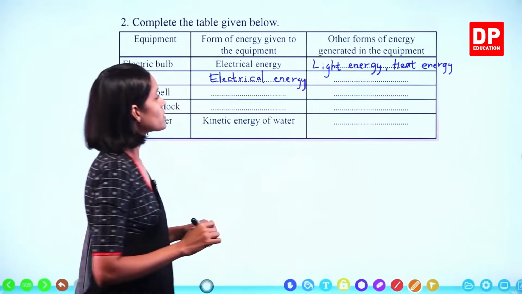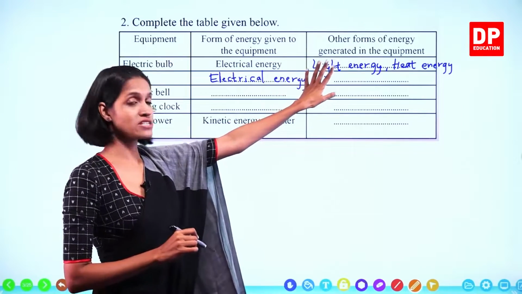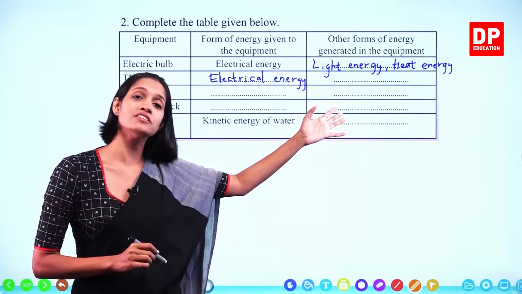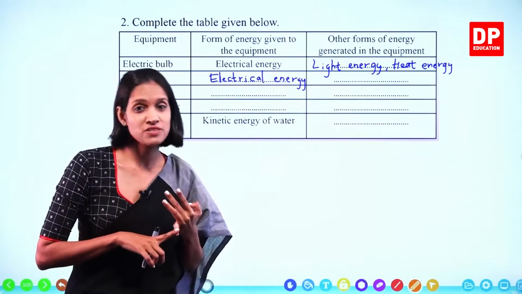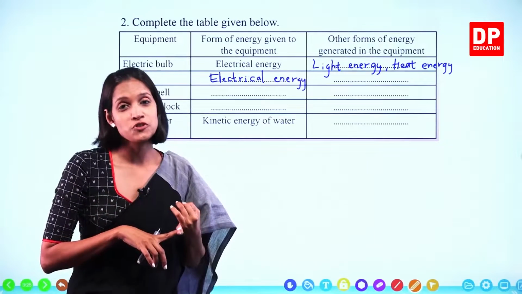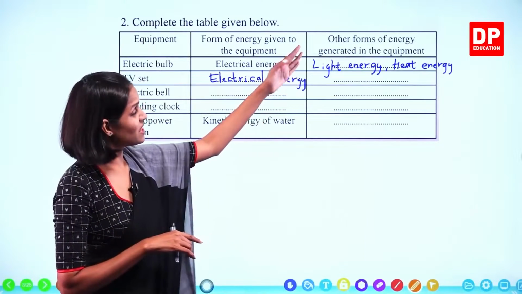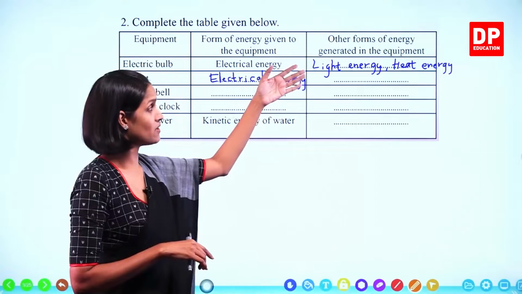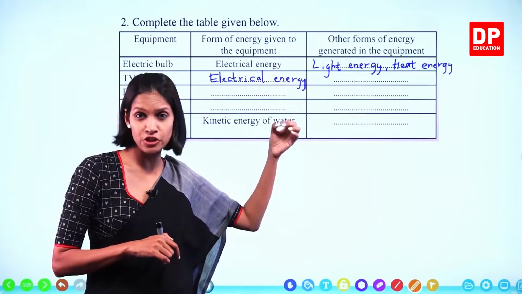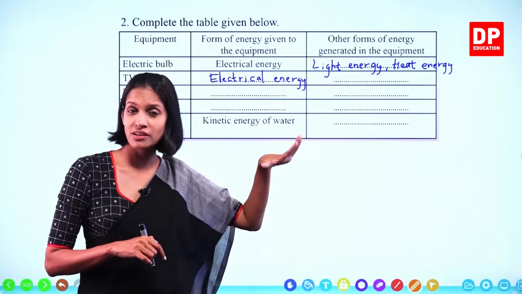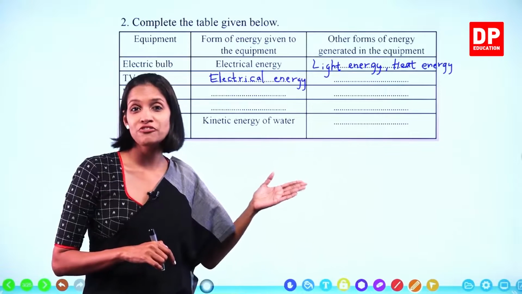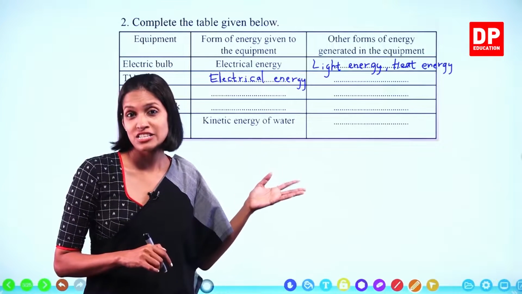Right. So what are the other forms of energy generated in the equipment? When we turn on the TV, sound is produced. Light is also produced. So in the same way, heat also produced. After about 10-15 minutes after turning on the TV, if you touch the back of the TV, you will feel that it's heated up, right?